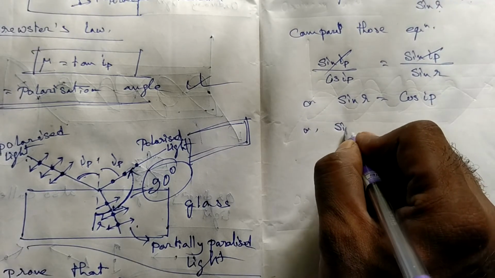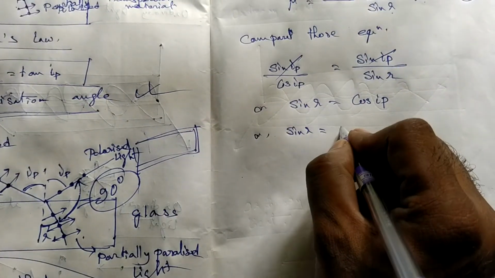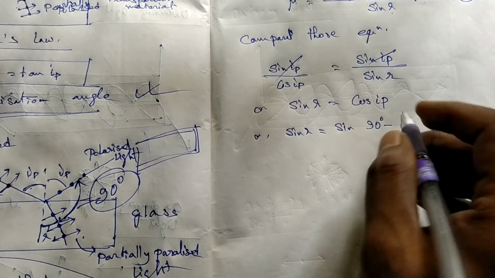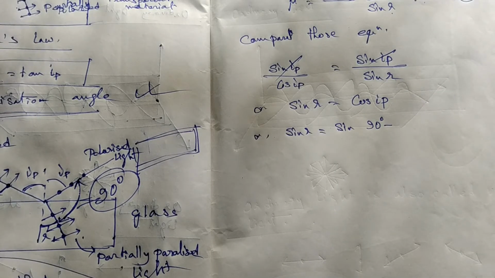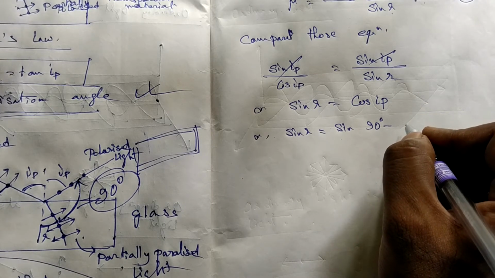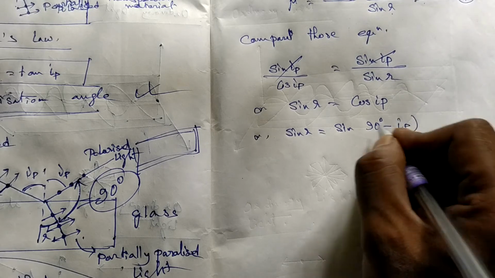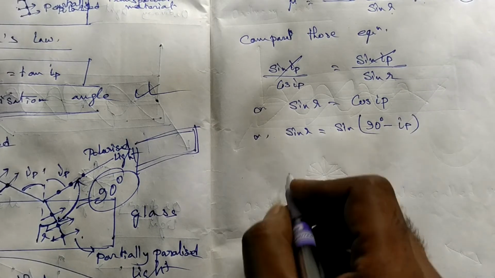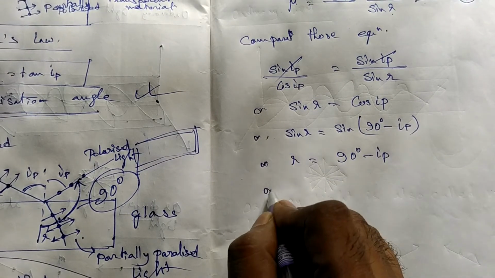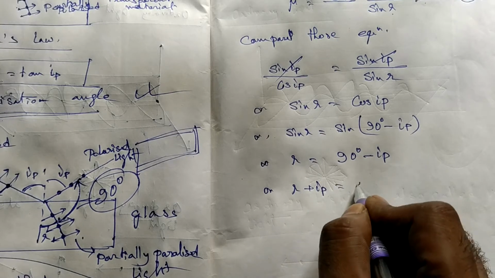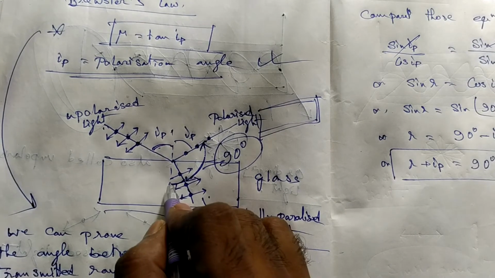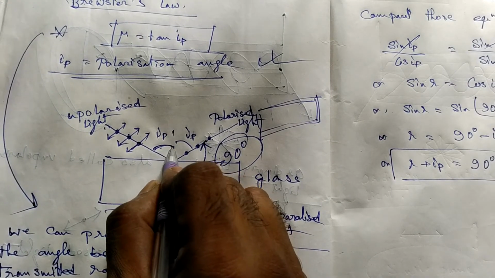So we can rewrite sin R is equal to sin of 90 degree minus IP, so R is equal to 90 degree minus IP. We converted the cos into sin. So R plus IP is equal to 90 degree. Is it clear? So the angle R plus IP is equal to 90 degree.